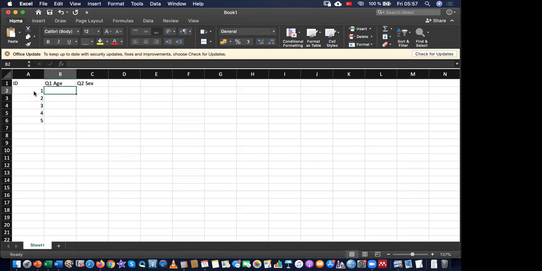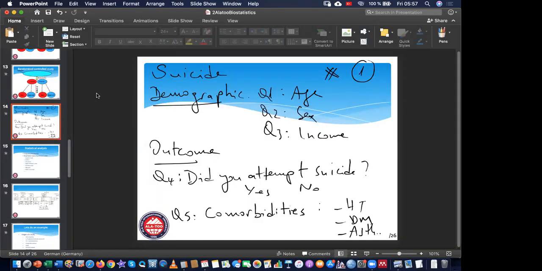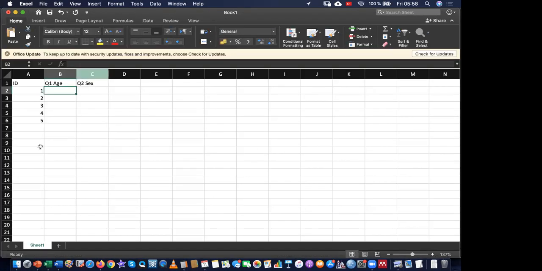For each participant, we need to type in the data. Since biostatistics is working with numbers, we will not feed in text, free text. Almost 100% of the time, we use numbers here.